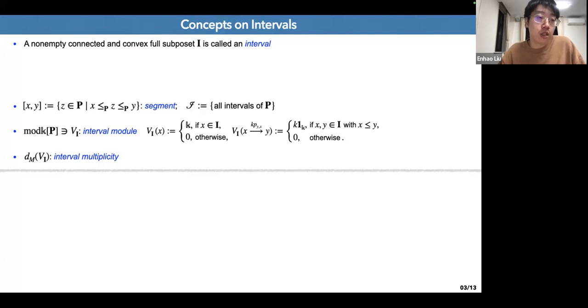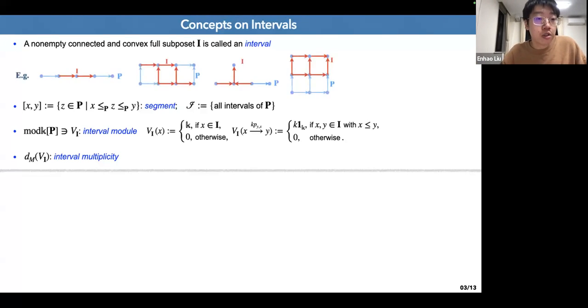Connected means the directed Hasse diagram of I itself is connected as a graph. Convex means that if you take any two elements x and y in I, and any element z in P satisfying x smaller than z smaller than y, then this z should also belong to I. So this is convexity in the Euclidean sense.